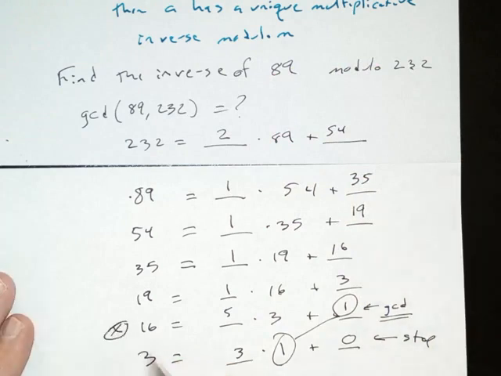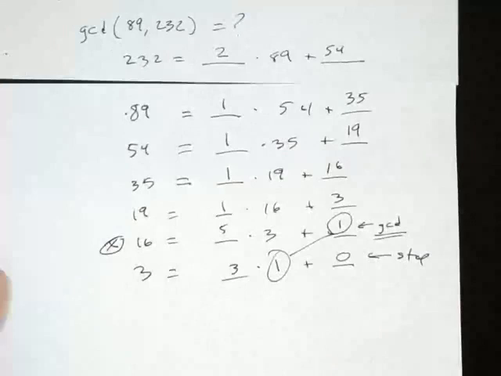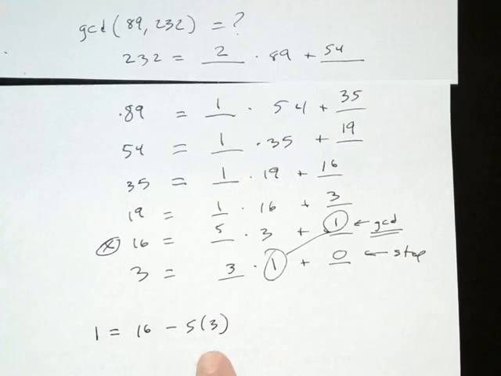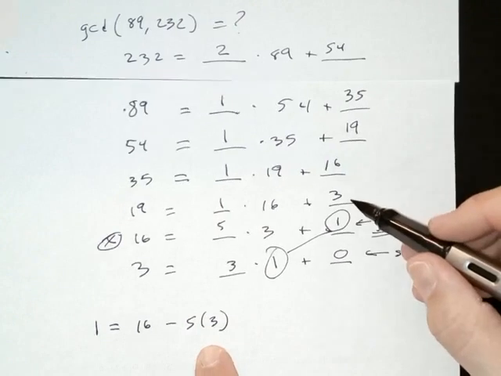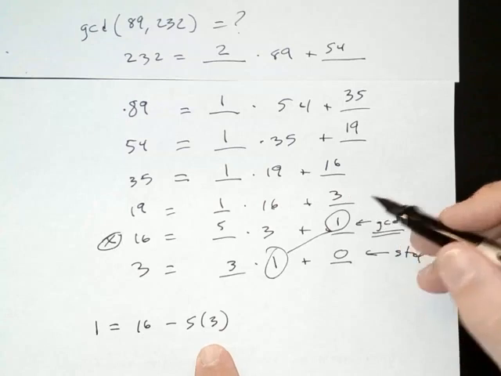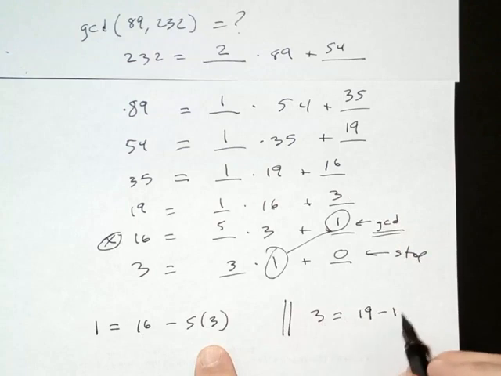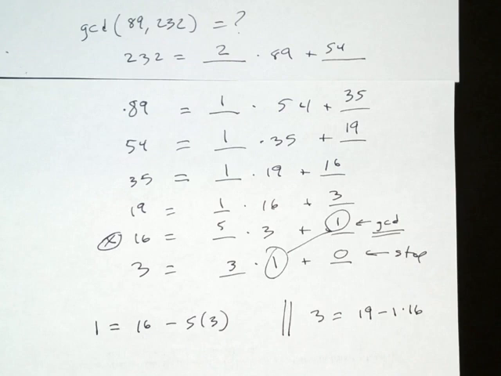So let's start with this one. 1 is 16 minus 5 3s. 3 is the remainder in the line above that. So rewrite that equation to be 3 equals. Three is 19 minus 16. Replace that inside this set of parentheses.